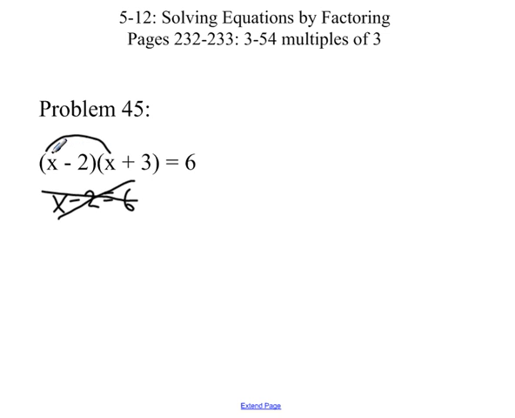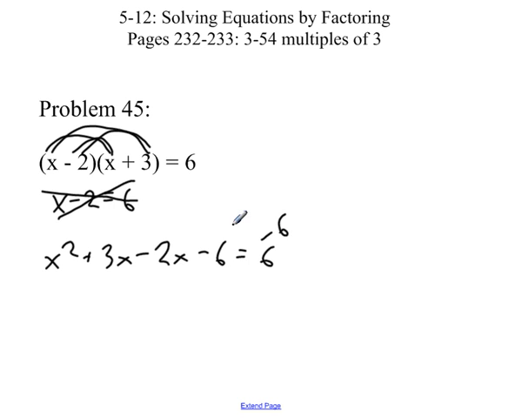I have to do x squared plus 3x minus 2x minus 6. Let's do that. X squared plus 3x minus 2x minus 6 equals 6. And I'm going to make my 0 side by taking 6 away from both sides and combining like terms. So now I'm at x squared plus x minus 12 equals 0.